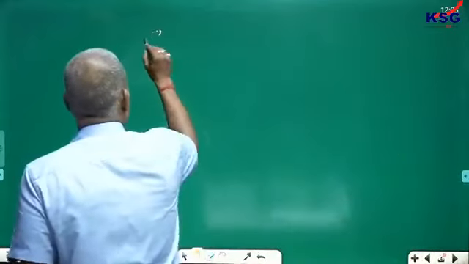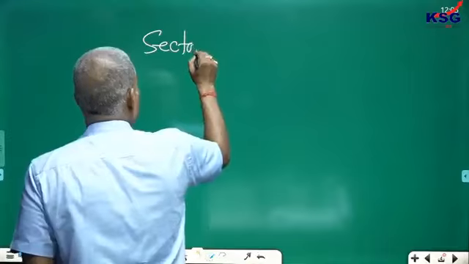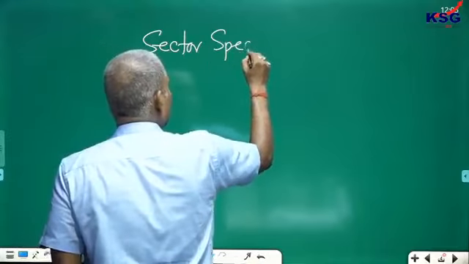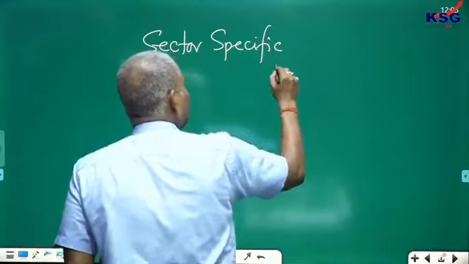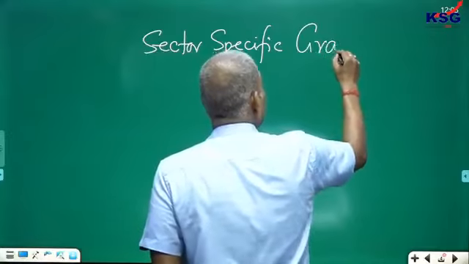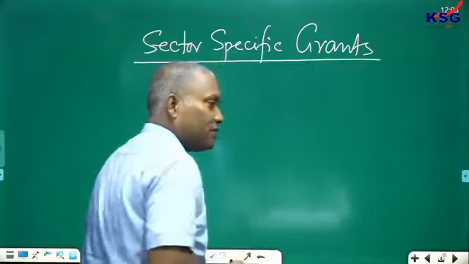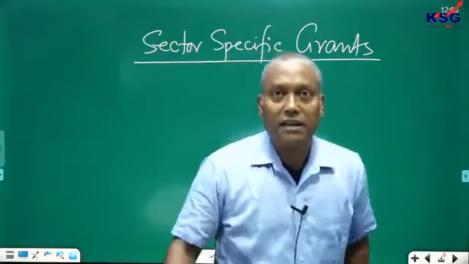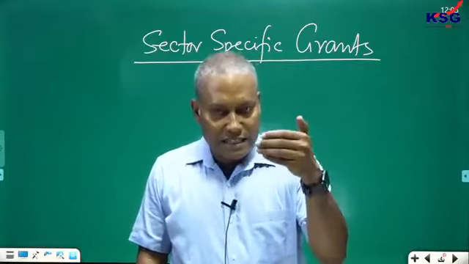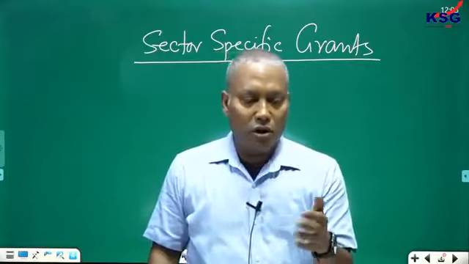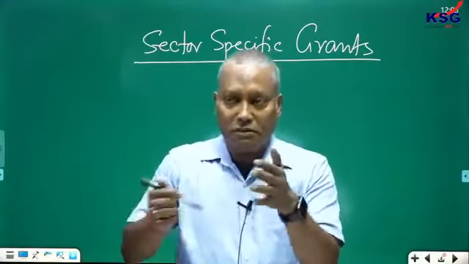Now next you write sector specific grants. Sector specific grants are given because the Finance Commission may think that certain sectors have to develop in the different states.